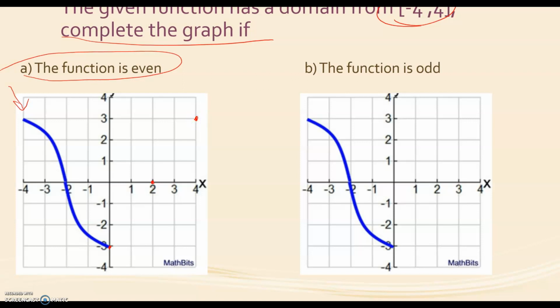Now I do want you to notice something. It seems like with even functions, opposite x values have the same y value.